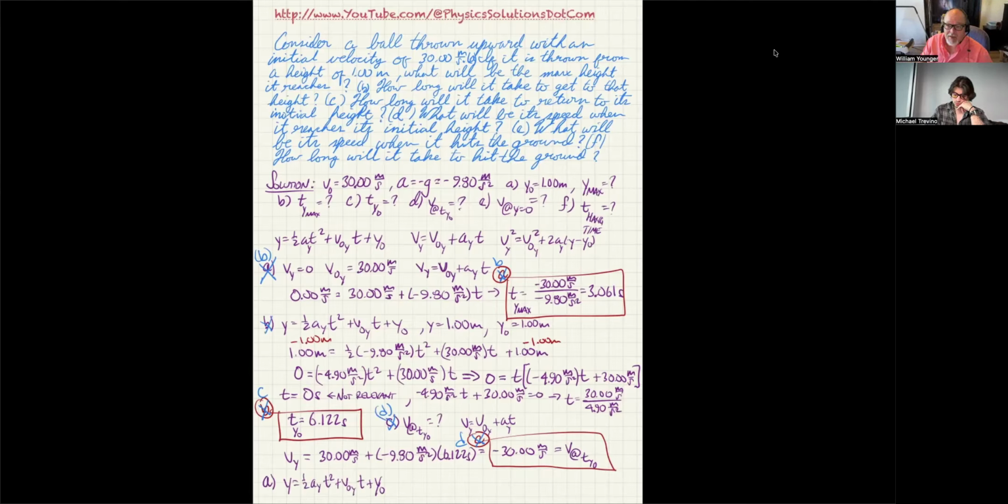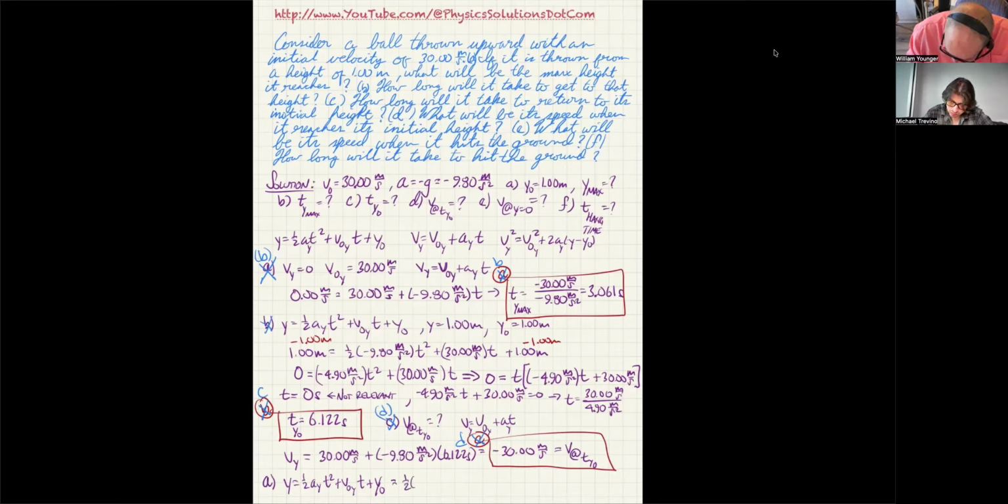By me saying y0 is 1 meter, I set the origin of coordinates at the ground. If I had said the initial height was 0, then I would have set the origin of coordinates at the height at which it left my hand. So by doing it this way, I actually get the max height, not just the maximum height it went relative to my hand.